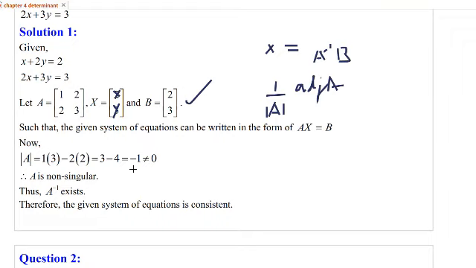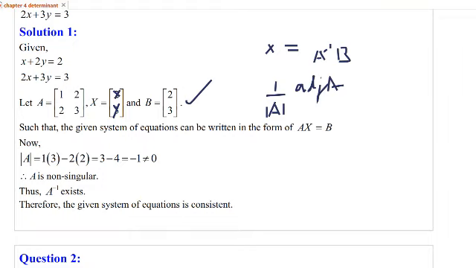Determinant A is not equal to 0, so the matrix is non-singular. Since it is not equal to 0, A inverse can be computed, and hence the values of x can be computed. So the set of equations is consistent.